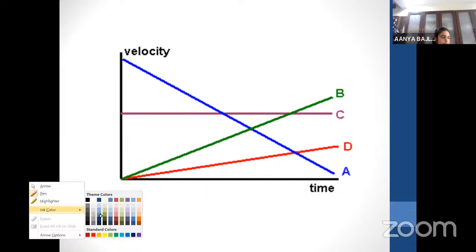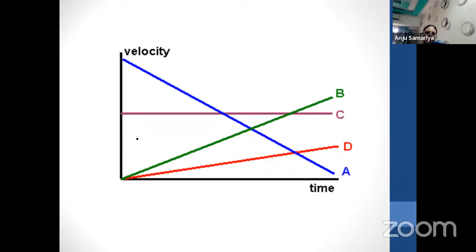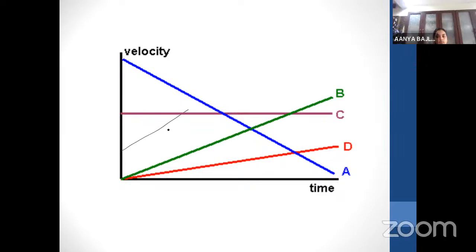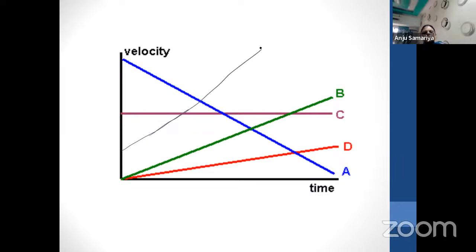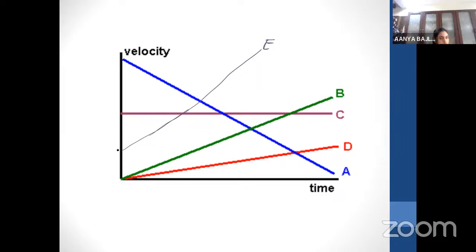Increasing velocity means uniform acceleration. Correct. And what is graph C? It is uniform velocity, zero acceleration. Graph E: uniform acceleration, but with an initial velocity.